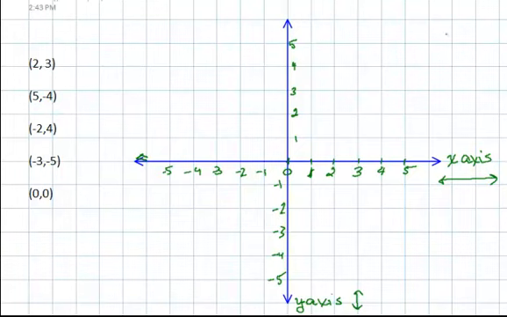Now, when we start worrying about plotting points, the good news is it's always the same, and it's alphabetical. So it's the x coordinate first, and then the y coordinate, and this is forever and ever. So I have a list that I have placed over here with some points, and if we look at this, let's just go ahead and say this is our x and this is our y.